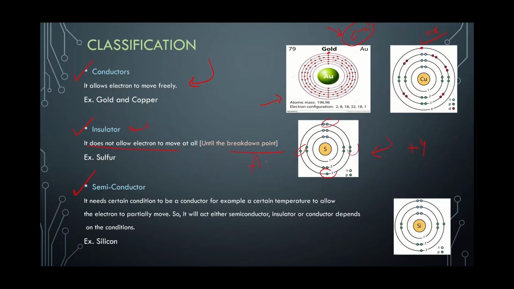For example, air or الهواء, it needs 30 kilovolt to break down the insulator for the air, it needs 30 kilovolt to convert the air to be a conductor.